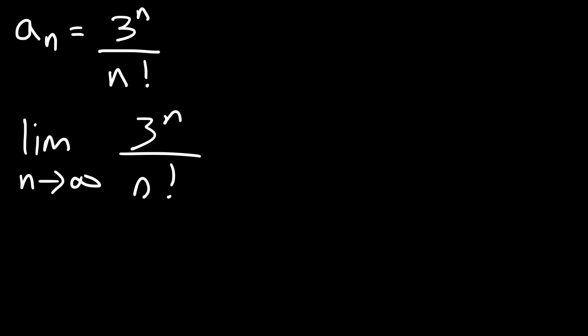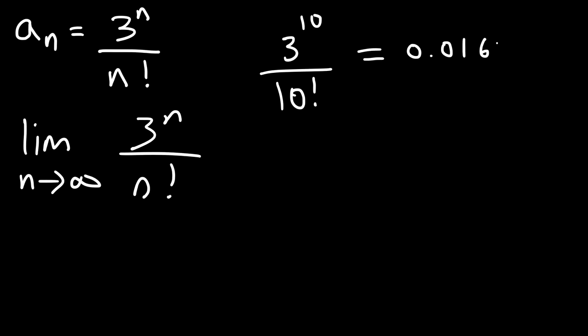Now granted, you can always plug in numbers and see what's happening as n increases, just to get a good idea if it's going to be convergent or divergent. So let's say n is 10. 3 to the 10th power divided by 10 factorial, if you plug that into your calculator, you should get 0.01627. Now let's say we increase n from 10 to 20.